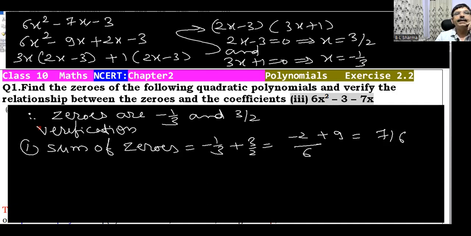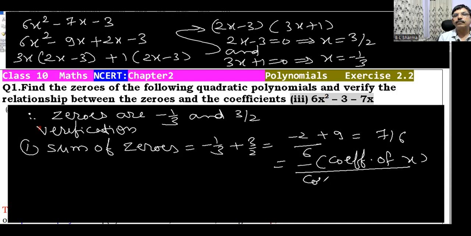Here you will see that this is equal to negative of coefficient of x divided by coefficient of x square.